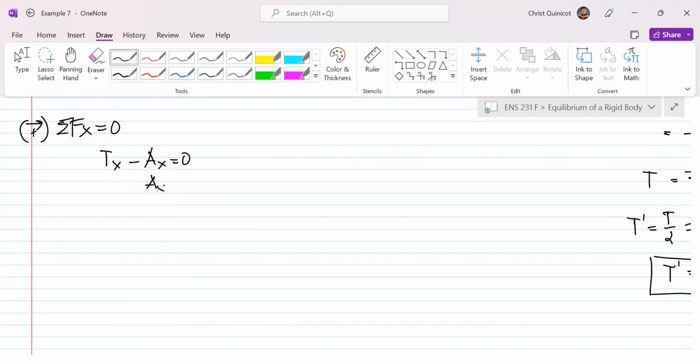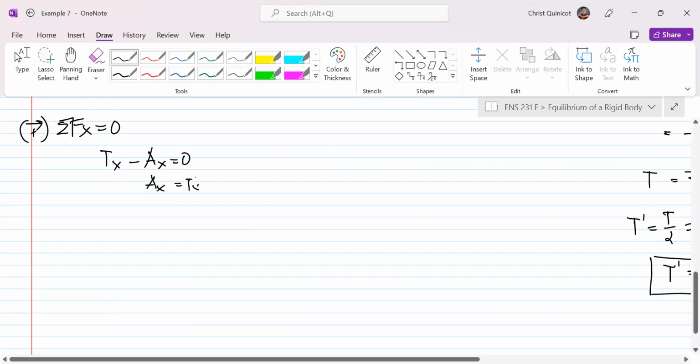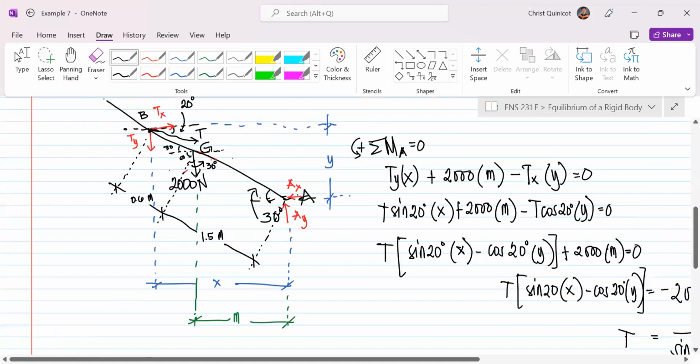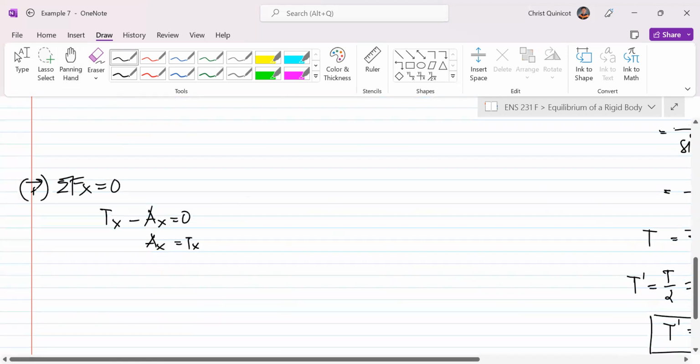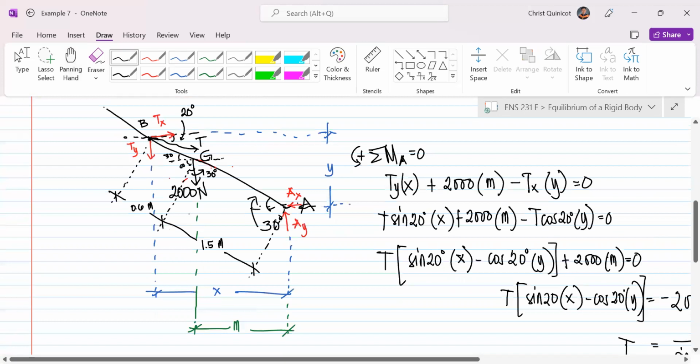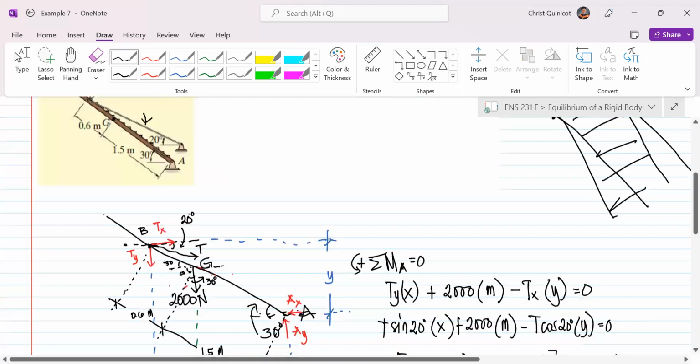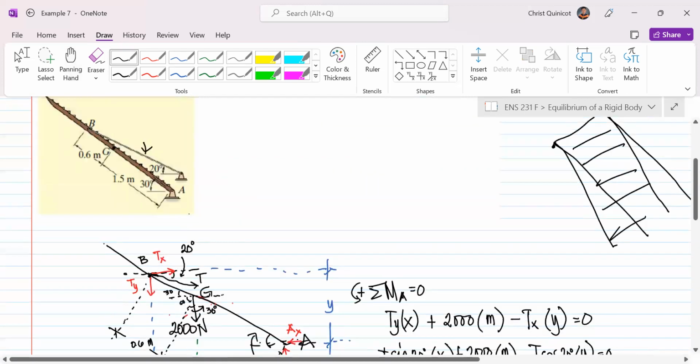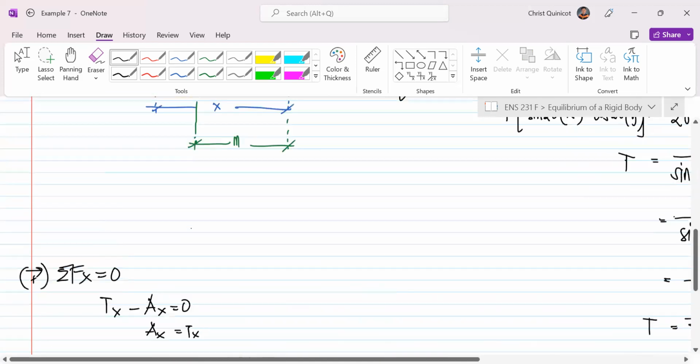So A sub X is equal to T sub X. Now our T sub X would be the calculated tension times cosine 20 degrees.